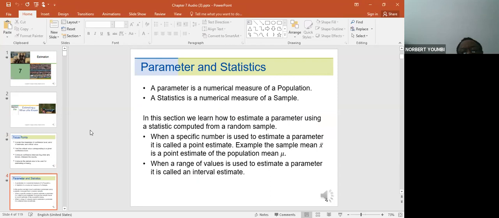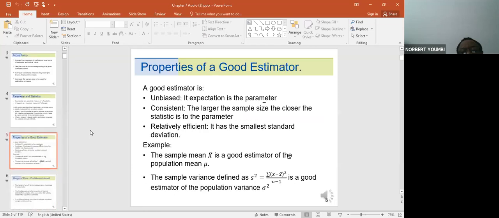So we are going to learn how to use a range of values to make an estimate for the parameter. When a specific number is used, it is called a point estimate, and when an interval or a range of values is used, it is called an interval estimate.